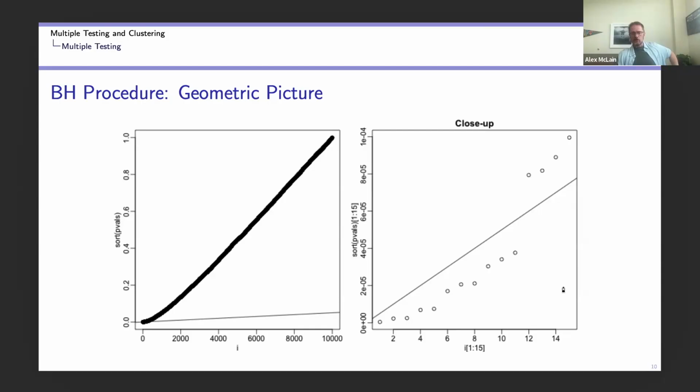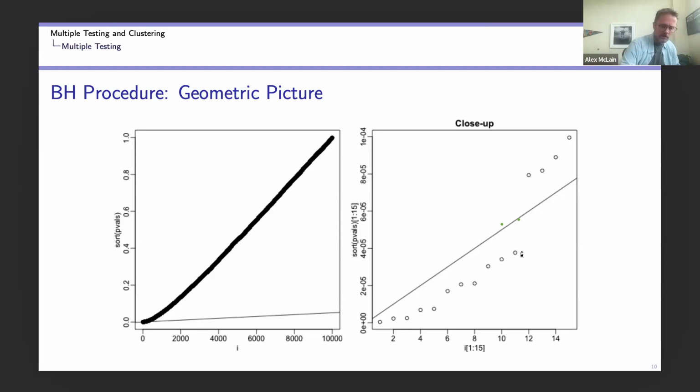So in this case, we would reject those first 11. Now, if this 10th one was above, say right here, and the 11th one, which has to be higher than the 10th, but maybe just a smidge higher, was below, say right here, we would still reject the 10th and 11th because that 11th is less than the threshold, even though the 10th isn't.